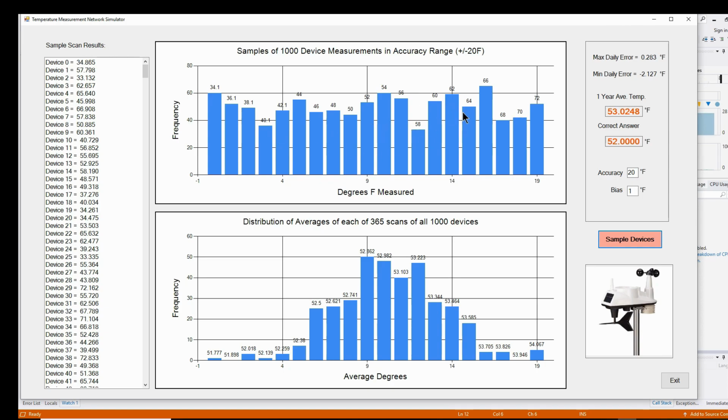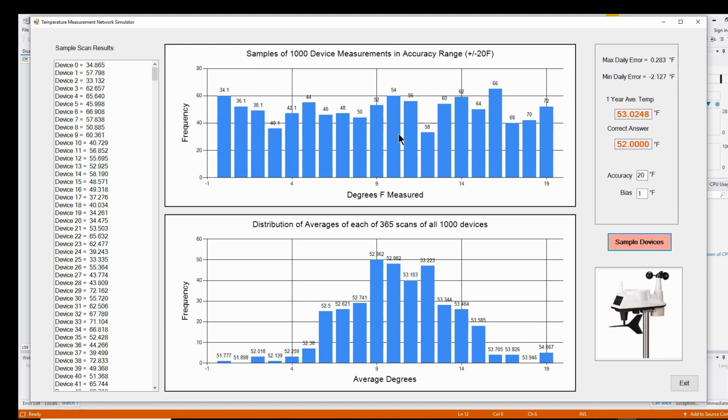Are they uniformly random, or do they have some bias that ends up making this number not what we are expecting? So again, after doing this exercise, I came to the interesting conclusion that to the extent that these are uniformly random devices, you can get some very accurate results with inaccurate devices.